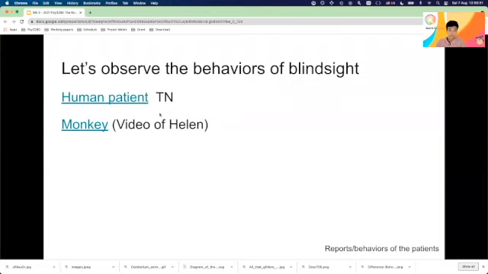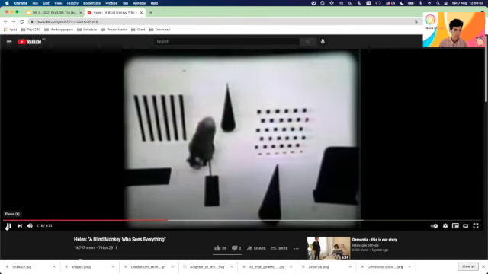That's the typical behavior of blindsight. Even though they don't do that spontaneously, they show the behaviors when they are suggested or forced to do so. Similar behavior was reported in monkeys a long time ago. Here's an interesting video taken by Humphrey a long time ago.